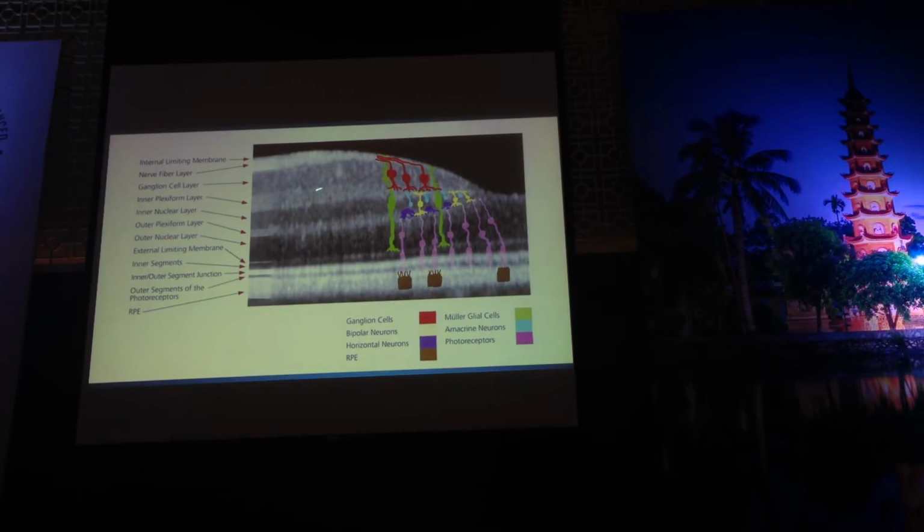The inner plexiform layer actually is a fiber layer. However, the fiber in the plexiform layer lies perpendicular to the light. The light from the OCT machine comes this way, and the nerve fiber from the ganglion cells lies perpendicular to the light.